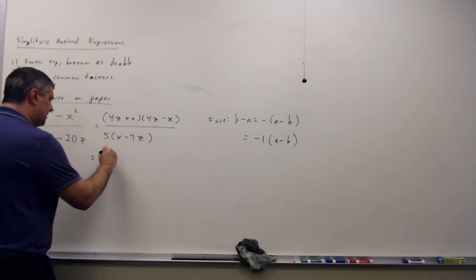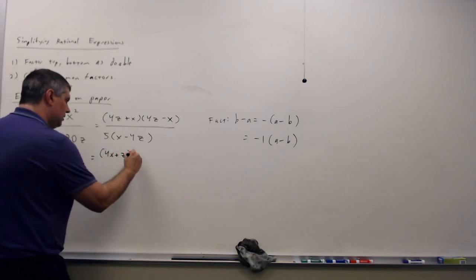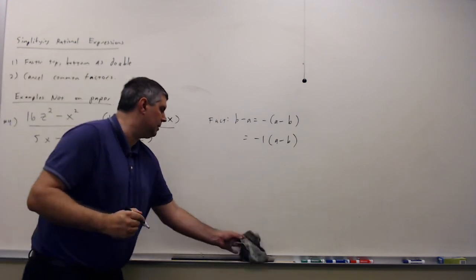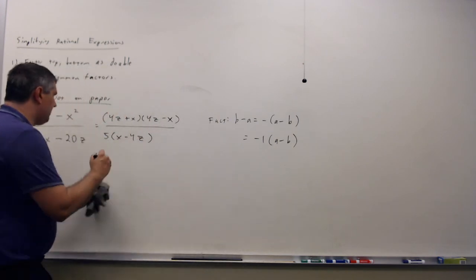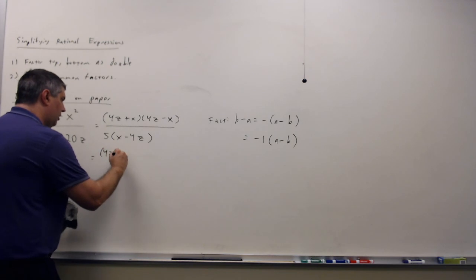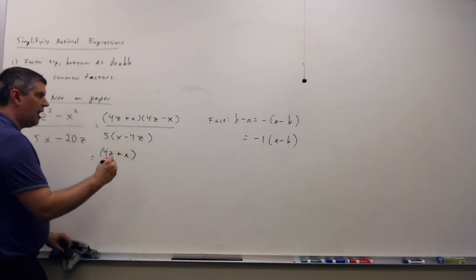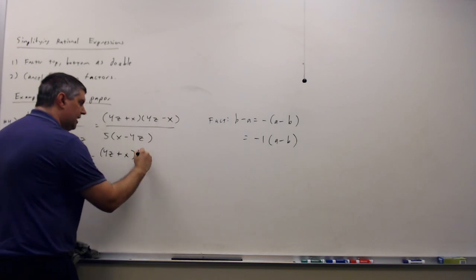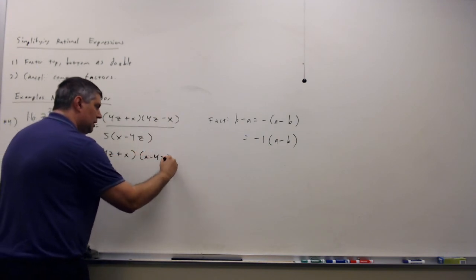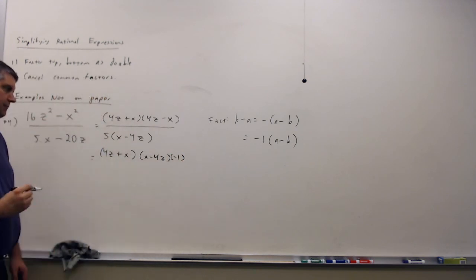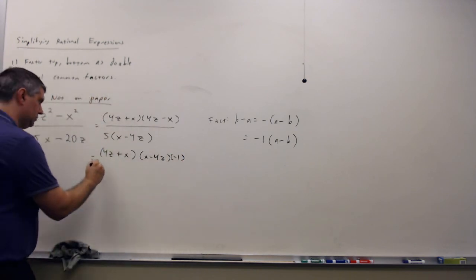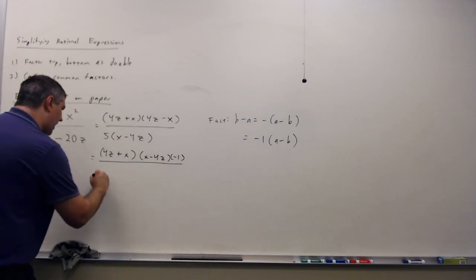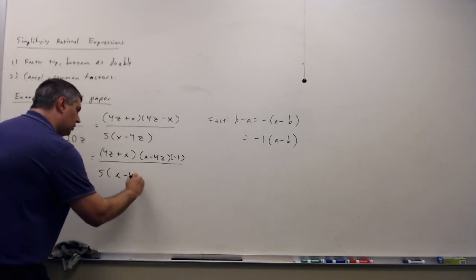So that'll be 4z plus x times x minus 4z times negative 1, over 5 times x minus 4z.